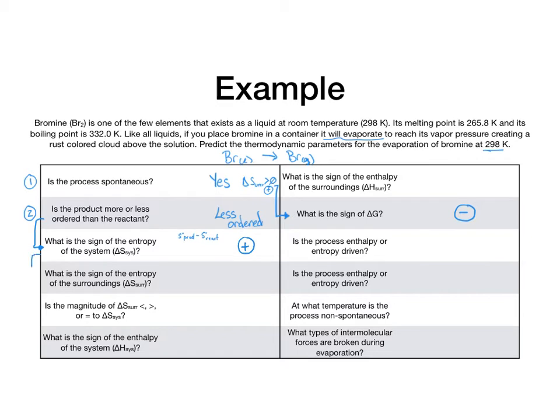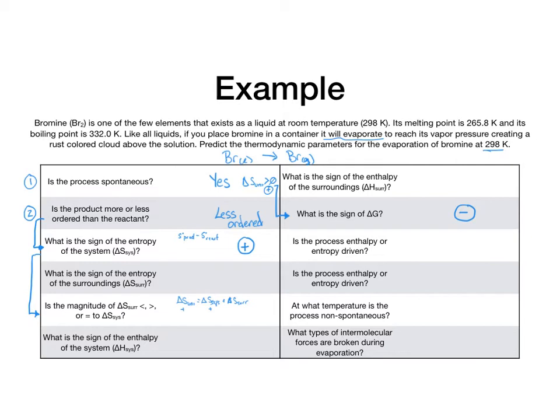Now, we also know that delta S of the universe is equal to delta S of the system plus delta S of the surroundings. We have already determined that delta S of the universe is positive, delta S of the system is positive. Oh, we can't do this one yet.